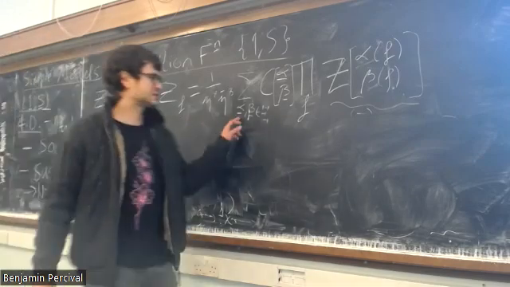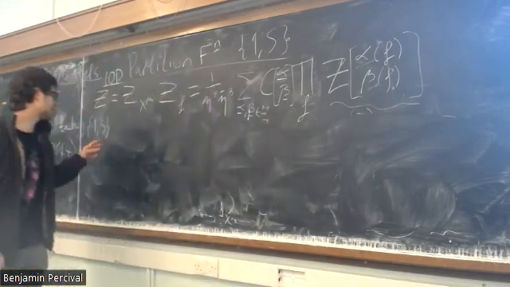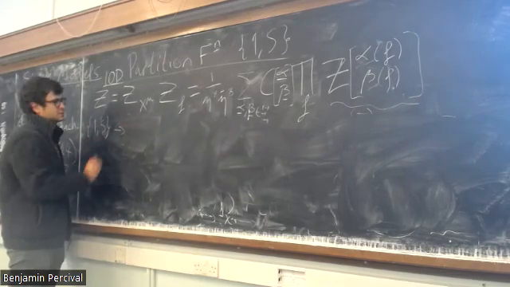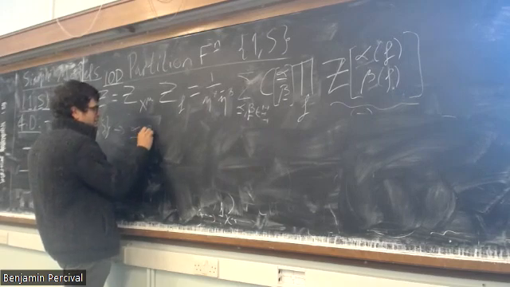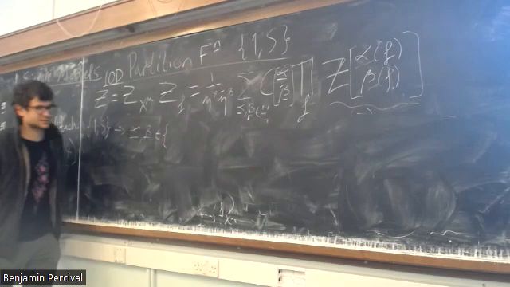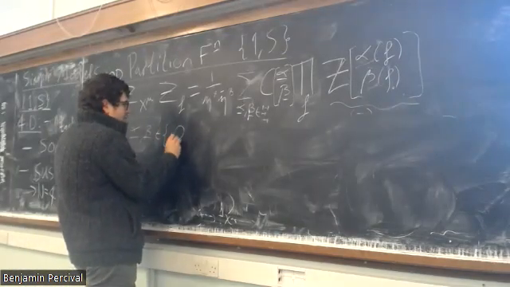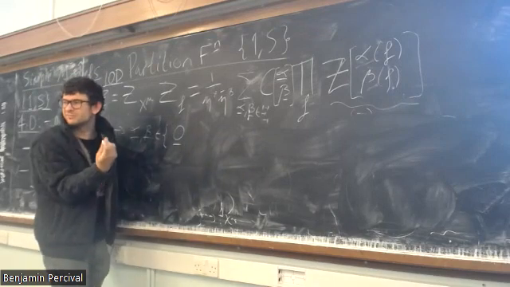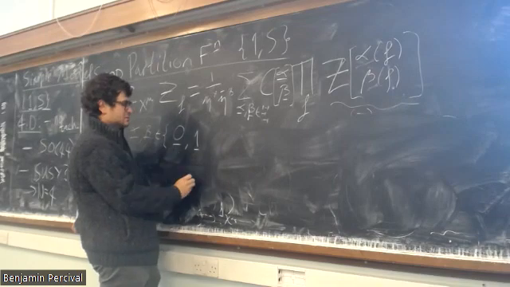Here we have the sum over alpha and beta, all the sectors. So let's just write what all the sectors are. Alpha, beta are going to be in the set of the sectors, which will be the NS, which I write as the 0, 0 vector. Then you've got 1.